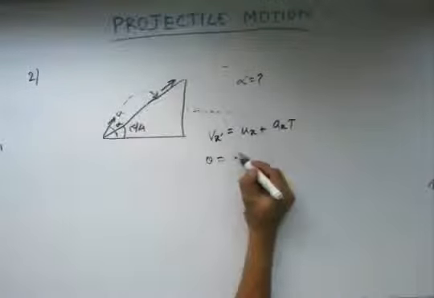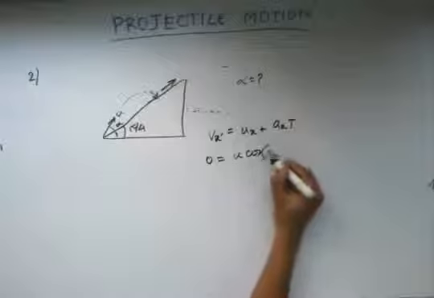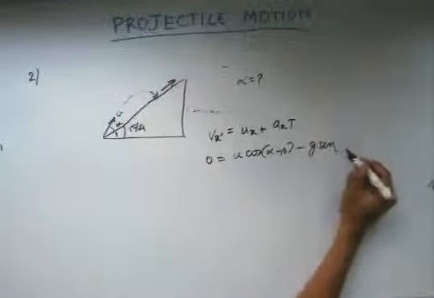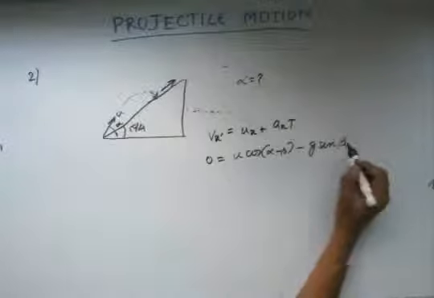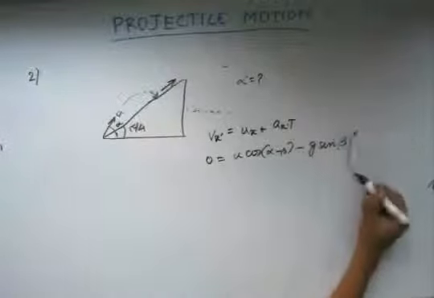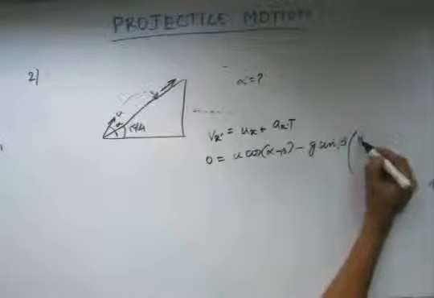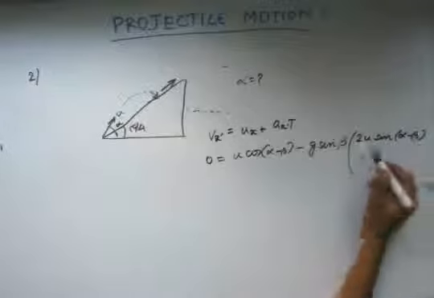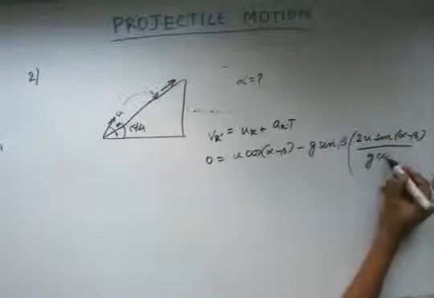Now what is ux? ux is u cos of alpha minus beta, and the acceleration in the x direction is g sine beta. We already found out the time of flight of the particle as 2u sine of alpha minus beta by g cos beta.